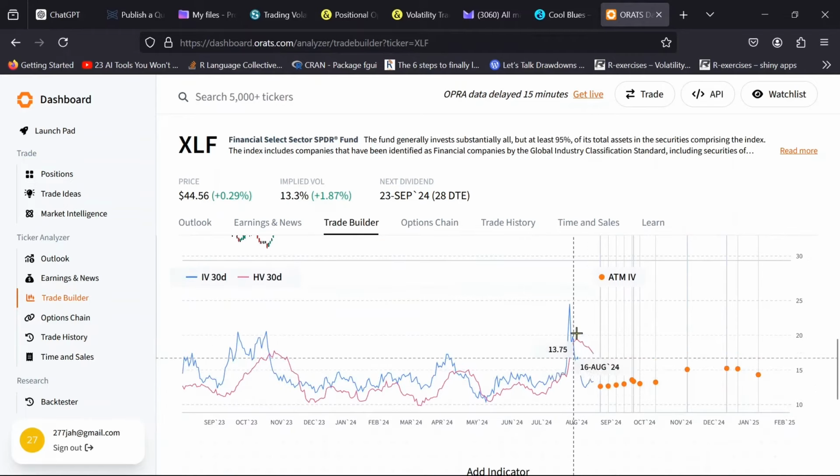Because look, there is the implied volatility. The implied volatility is way under the historical volatility, and it doesn't look like rising much. The historical volatility is 16.9. The implied is 11.